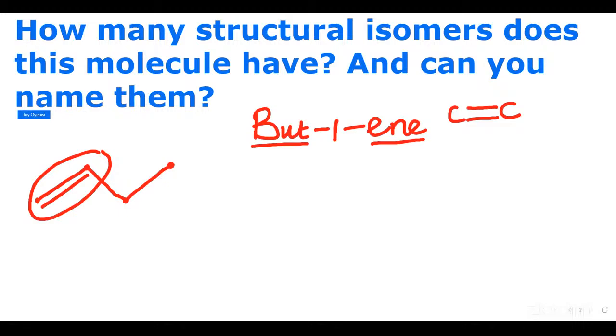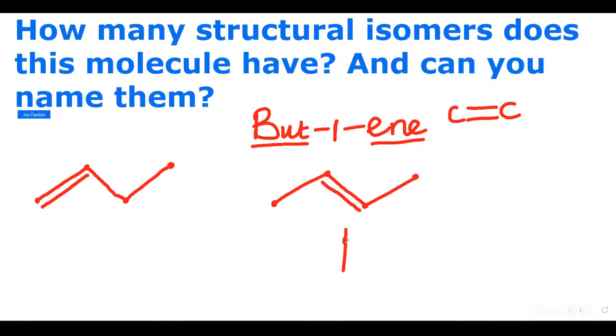So what we're going to do here is redraw the main chain, which is the 4. Remember the 4 chain because of the BUT. But instead of this double bond being where it is, you're moving it to the middle.